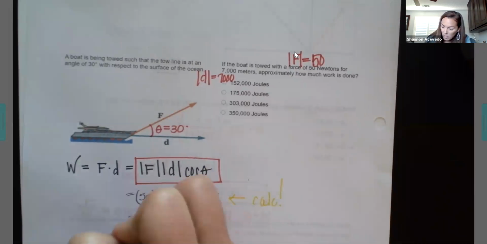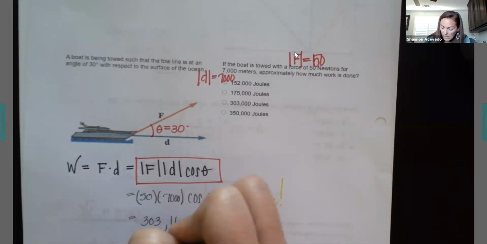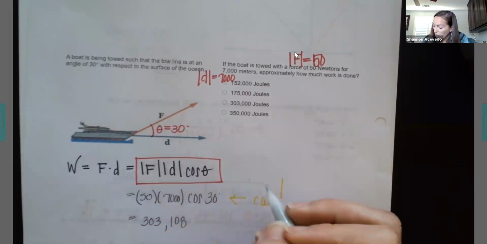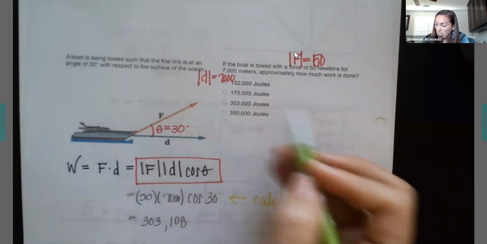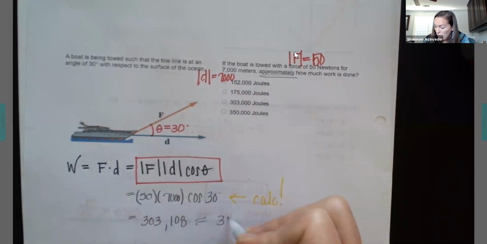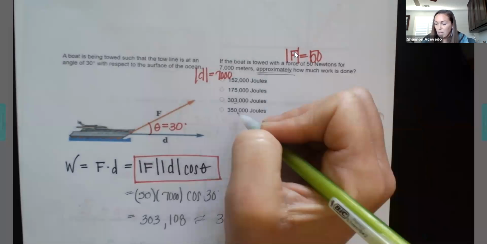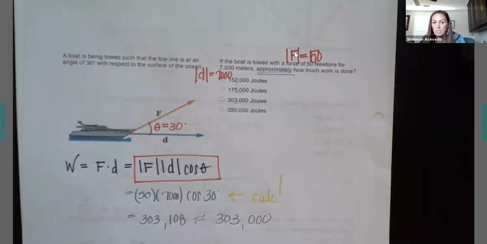And I get 303,108. It says it's just approximately. So I look at my answers and I see that it's going to be approximately 303,000. So they rounded them all to the nearest thousand there. That's okay. You guys can see that you were super close to that value, and this is my correct answer.